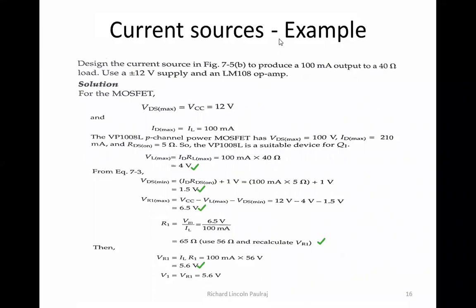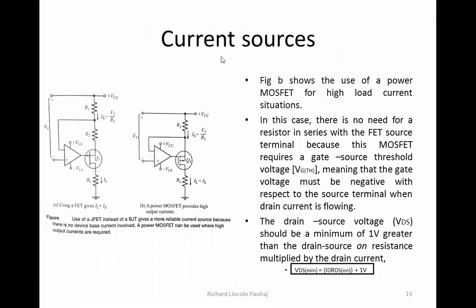So V1 is nothing but the voltage which is across the input side, right? So let us go back here. Say this IL is equal to IS, right? So that's why I took 100 milliamps IL, to calculate the currents across R1, and this is my V1 here, right?